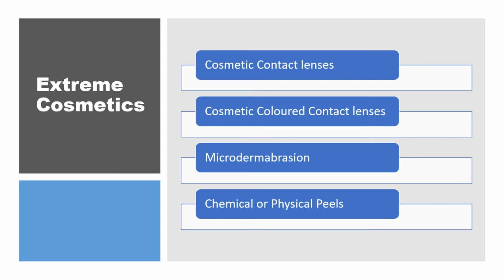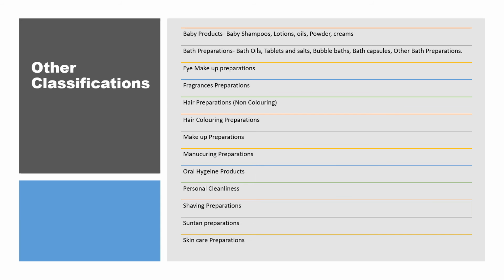Apart from that, cosmetics can be classified on various other bases, like baby products. Baby products are broadly classified as baby shampoos, lotions, oils, powders and creams, and other baby products.